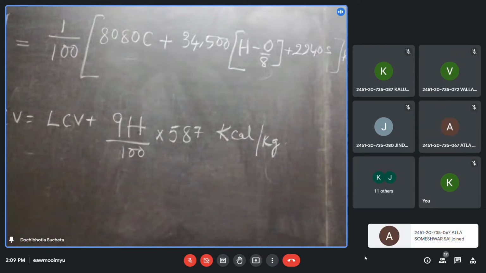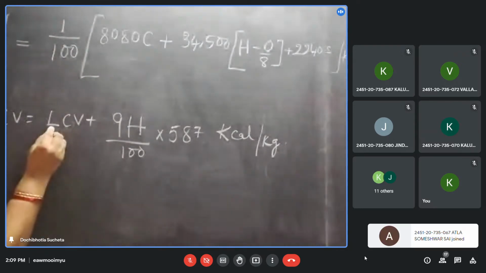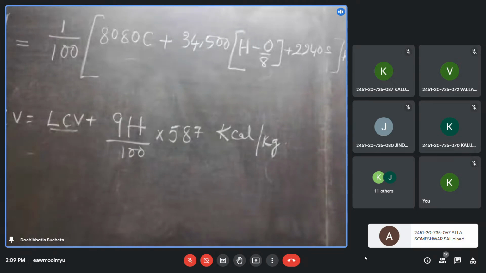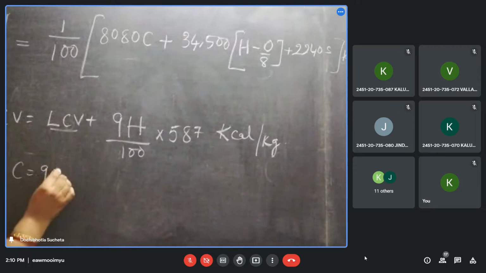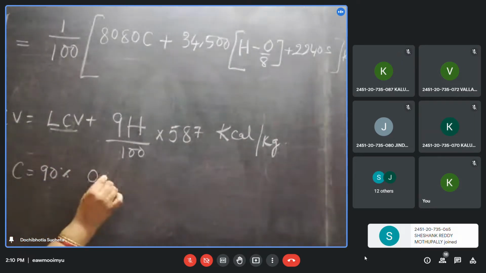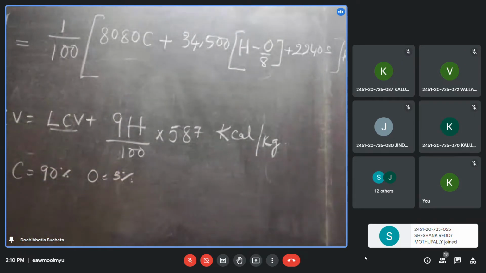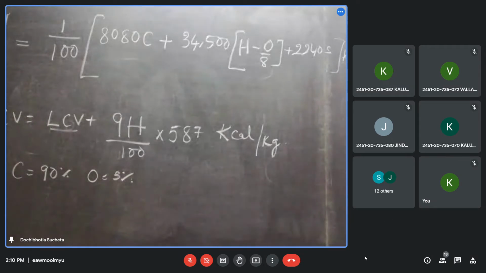So in yesterday's numerical, they gave LCV and they asked us to find the percentage of hydrogen. Now if you take carbon as 90%, oxygen as 3%, not 30%, obviously, it is 3%. You will not get a negative answer.